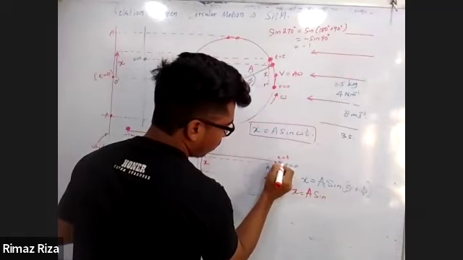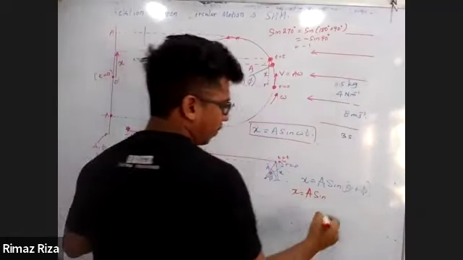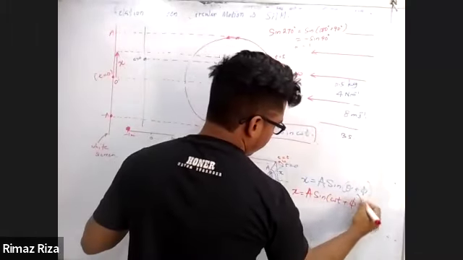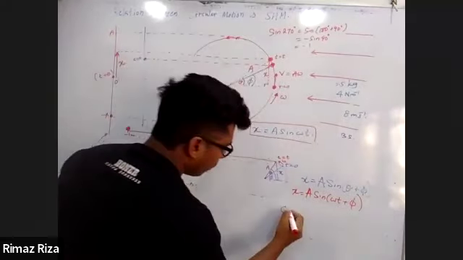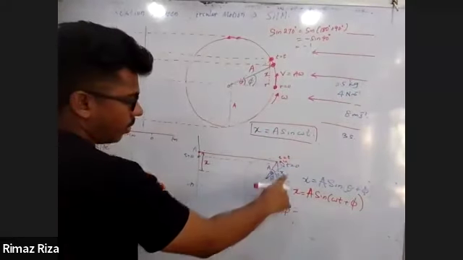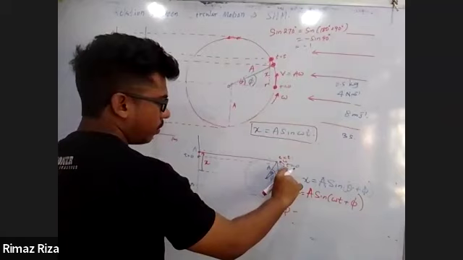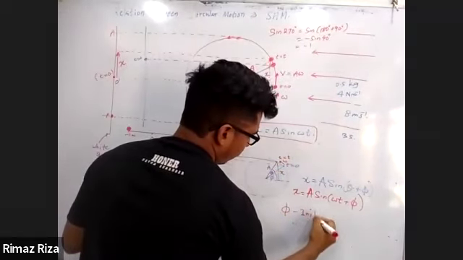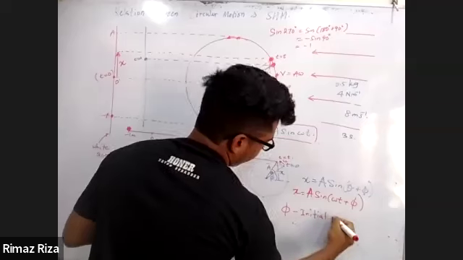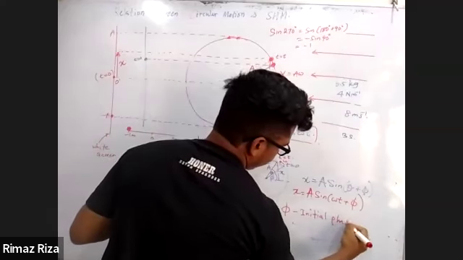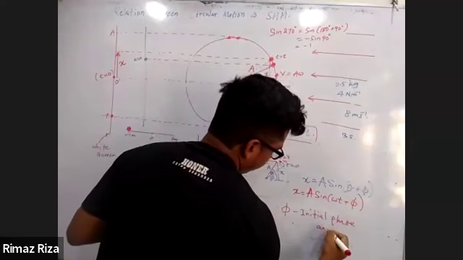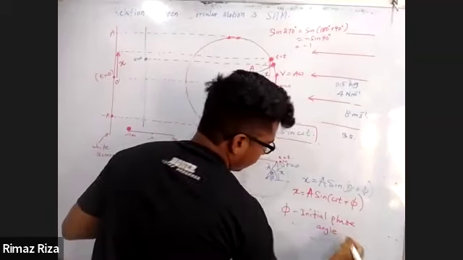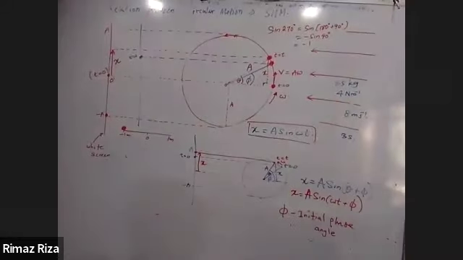The angular velocity is omega, so omega t. So theta equals omega t plus phi, where phi is the initial phase angle, when you start to measure the time. So called initial phase angle.